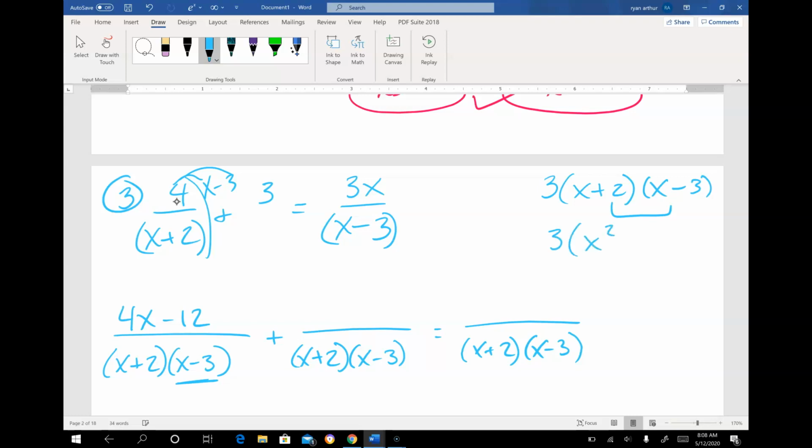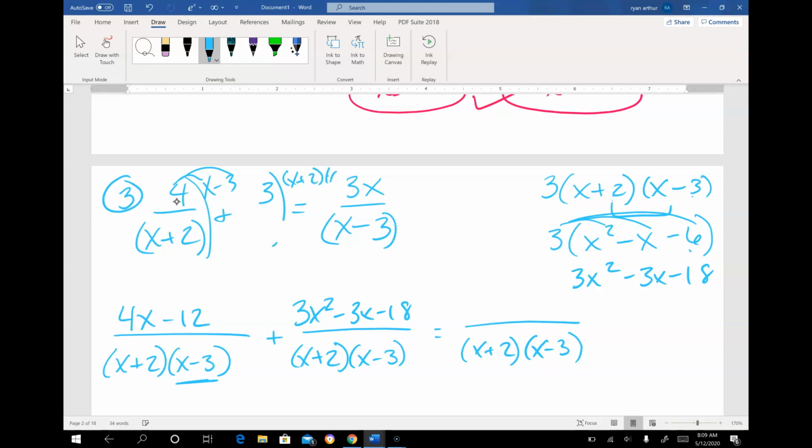So you're going to get x squared minus x minus 6. Then distribute the 3 and get 3x squared minus 3x minus 18. Because negative 3 times 2 is negative 6. Negative 3 plus 2 is negative 1. Okay. So this is now going to be 3x squared minus 3x minus 18. So we had to multiply him by both.